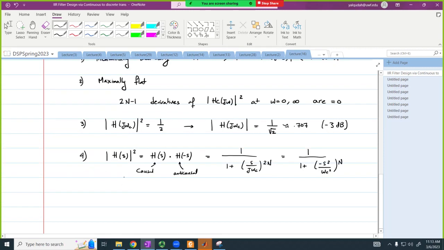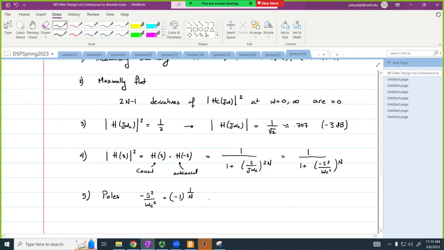Now we can take the poles of this system, of the Butterworth filter, and these poles are located at negative s squared divided by ωc squared equal to (negative 1) to the power of 1 over n. Again, this follows directly from here. So these are the poles of Hc(s) squared.